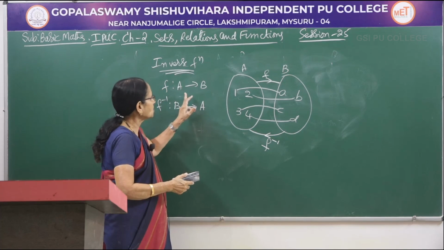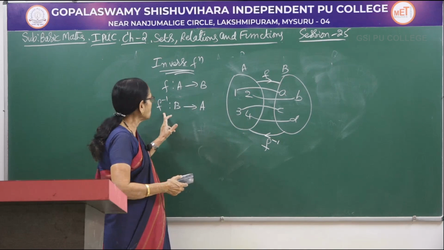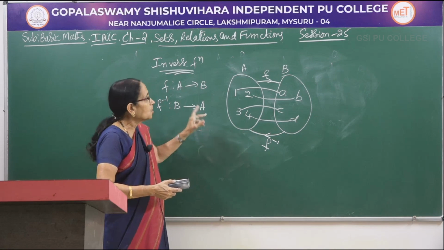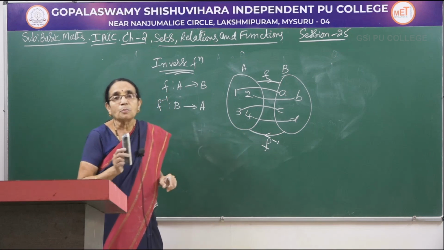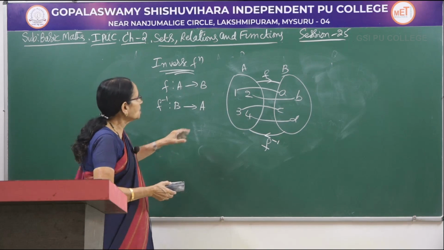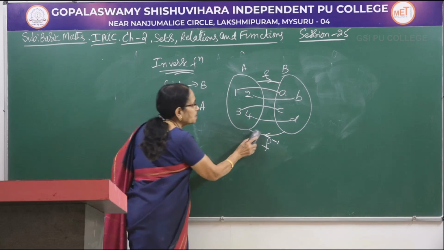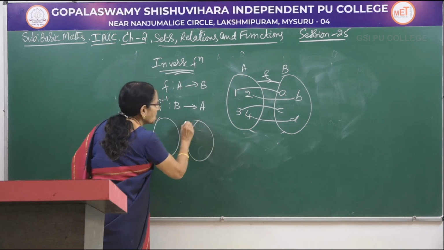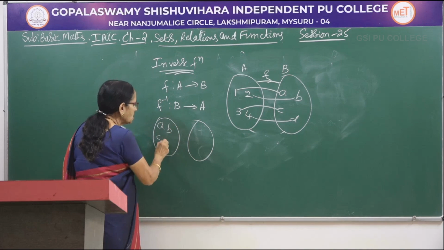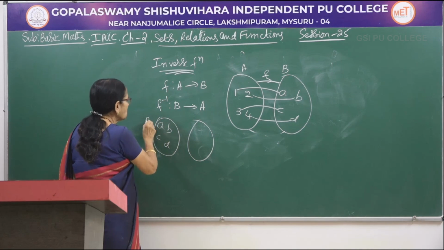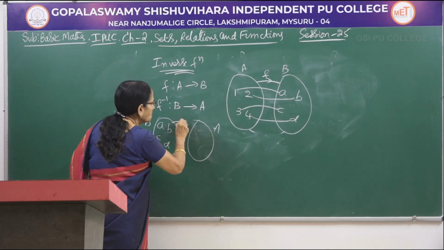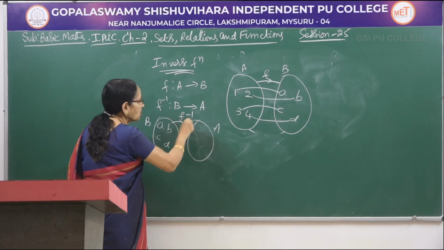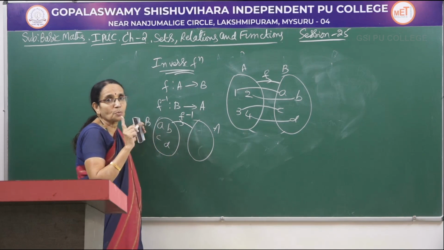So, if f is a function from A to B, f inverse would be from B to A only when it is a bijective function. See, I can write it separately. Take two sets again, A, B, C, D, and this is B, this is A. From here to here, it is f inverse. Don't ever read it as f to the power minus 1.